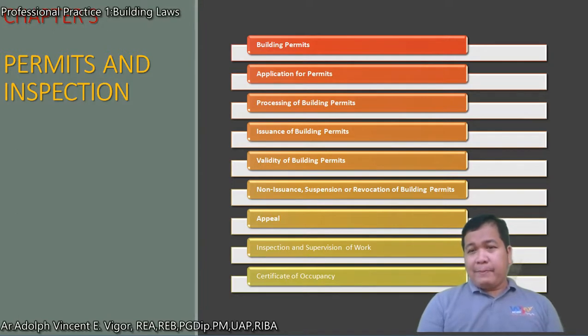So what happens, class, if you construct a building or structure without a building permit? First is that you fail to redefine the lot boundaries. So how is it dangerous and costly for the client?